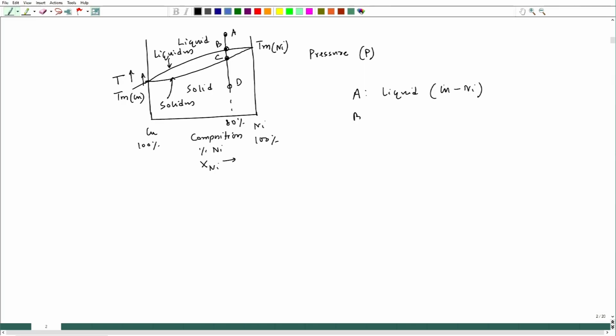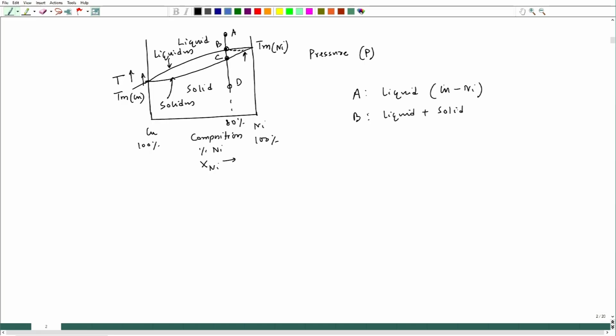Similarly, if I go to B, I will have the appearance of the first solid, and that solid will be decided by a line parallel to the composition axis. This will be the solid that forms, and the rest will be liquid. So, here we will have liquid plus solid.